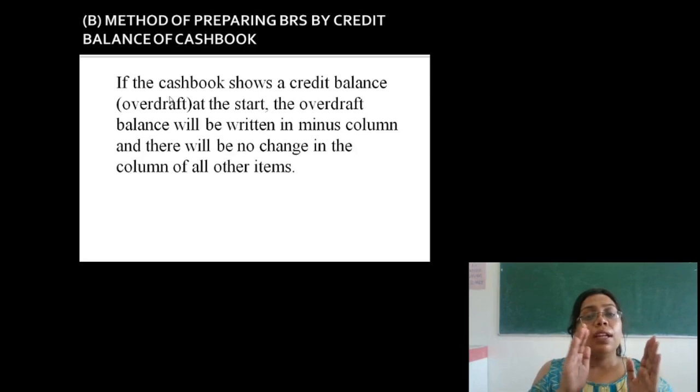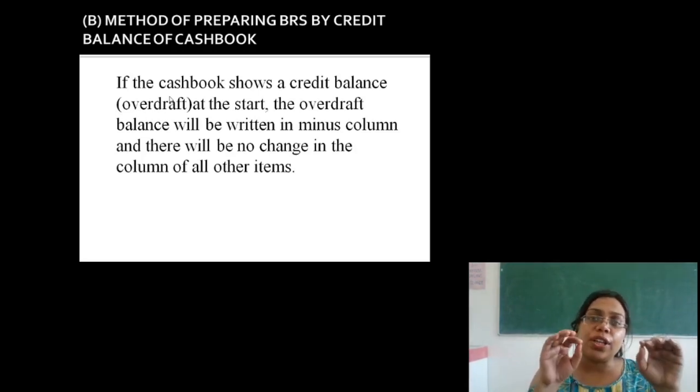If the cash book shows a credit balance, an overdraft or an unfavorable balance at the start, this balance will be written in the minus column, and there will be no change in the treatment of the other items or any of the differences we have discussed earlier.